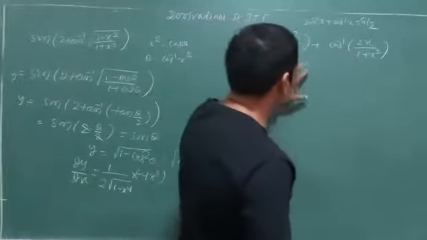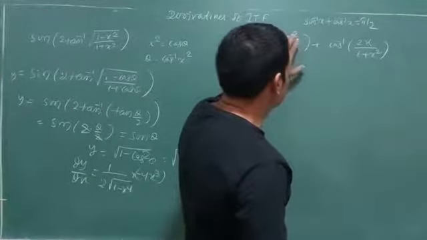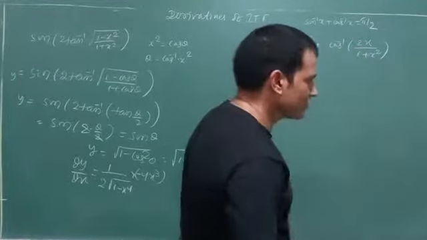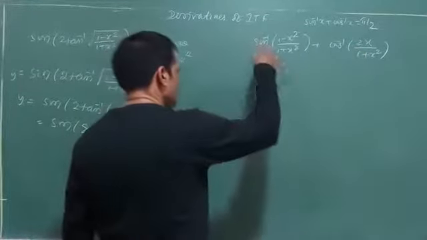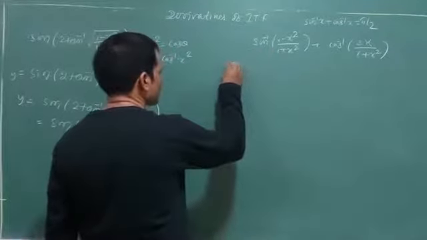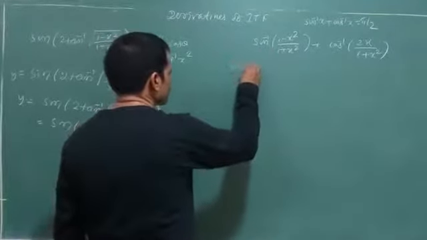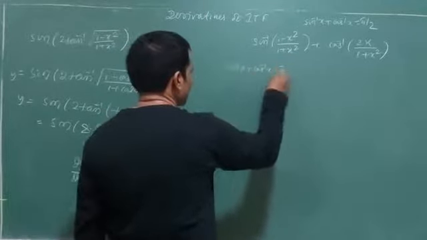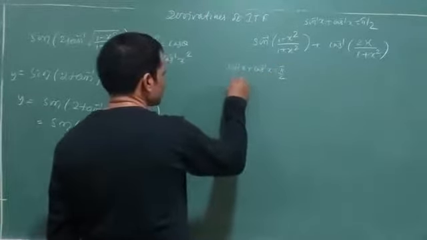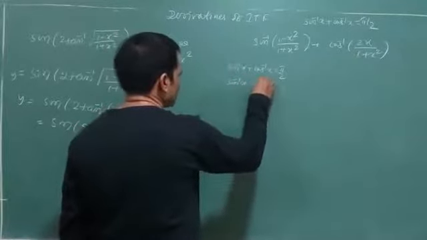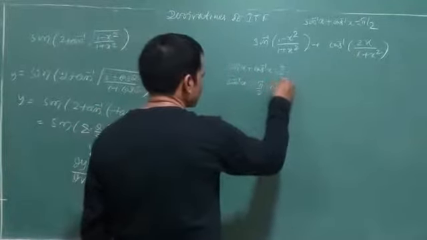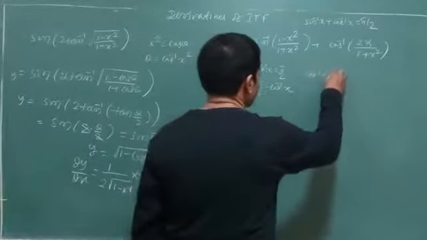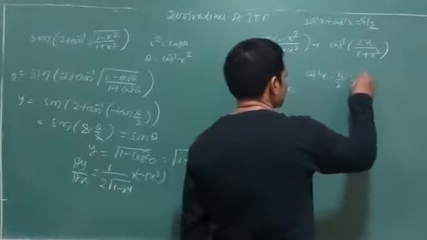If you look at this question, you can find out this should be attached to cos inverse, and this should be the argument of sin inverse. So I will apply the formula sin inverse x plus cos inverse x is equal to pi by 2. Then I can write sin inverse x is equal to pi by 2 minus cos inverse x, or cos inverse x is equal to pi by 2 minus sin inverse x.